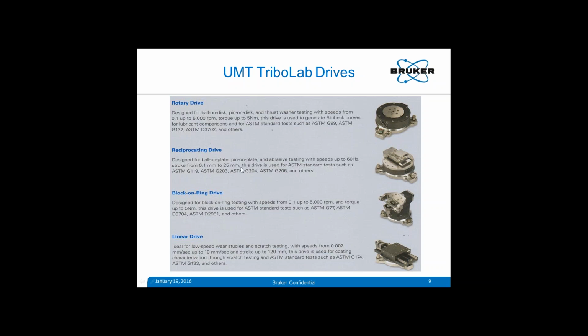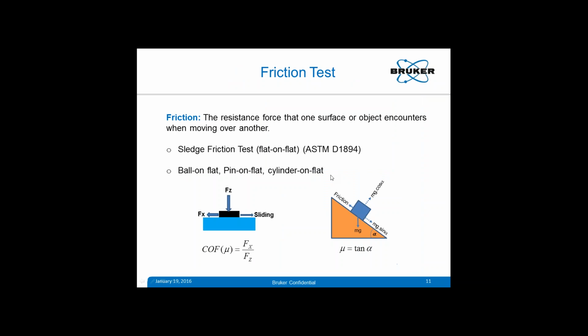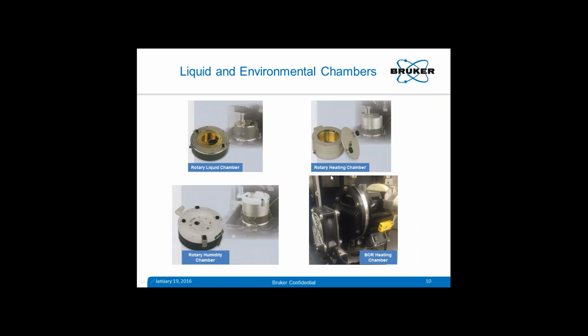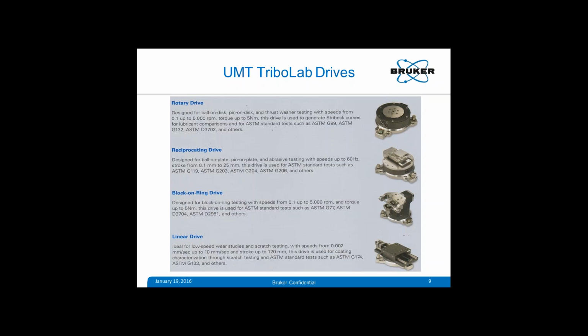We have a reciprocating drive, which is a high-speed reciprocating drive. It can go up to 60 Hz, and it has a maximum stroke length of up to 25 millimeter depending on the load and frequency we are running at.